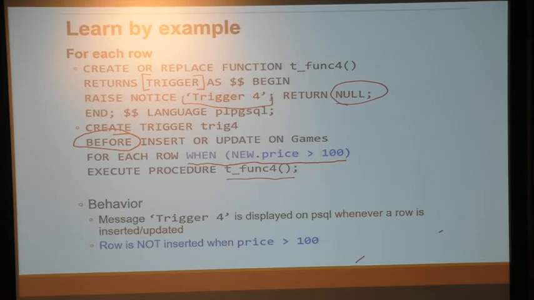Okay? And it's for every row. Okay, so for each row. So even if I insert multiple rows within the same statement, every single one of the rows will be inspected, and it will activate the trigger separately if the condition is met.